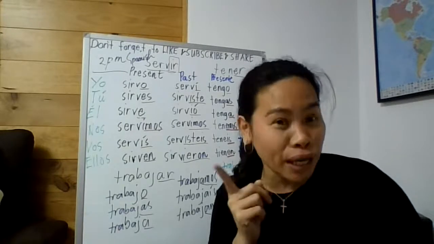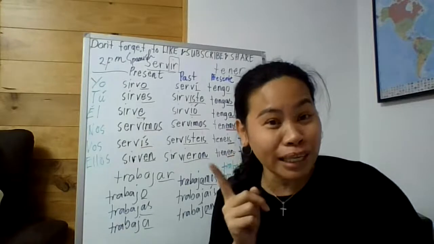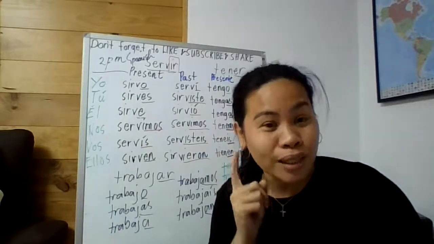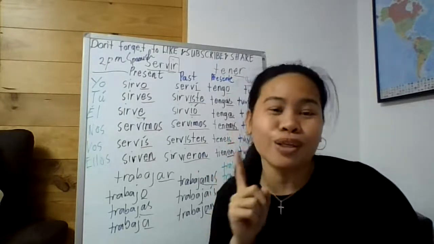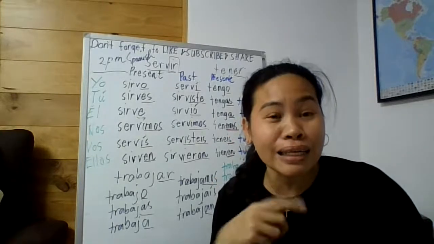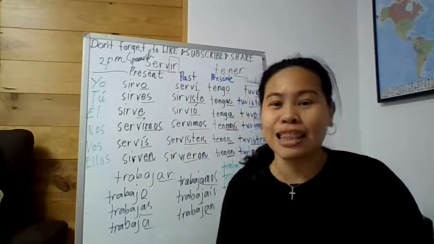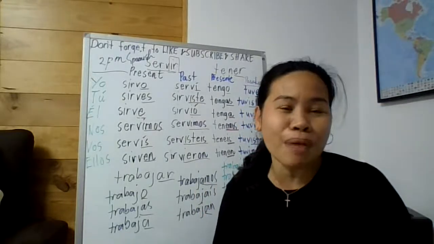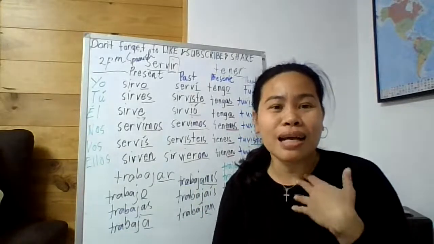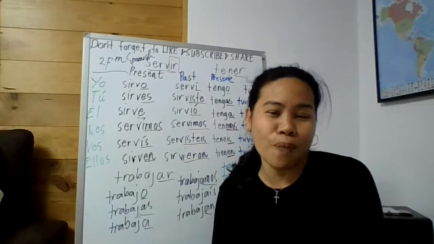Kasi halimbawa, kung mayaman na yung tinulungan mo, mayaman na yan eh. So, try to help the least person, kasi yung hindi nila kayang ibalik yung tulong na ibinigay mo, sila yung mas nangangailangan. Para sa akin, yun ang best way na nakakapagbigay tayo ng tulong sa kapwa natin.